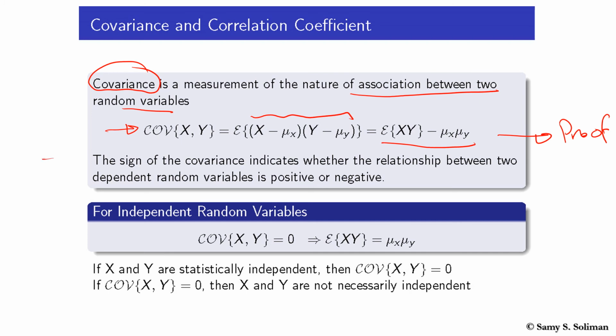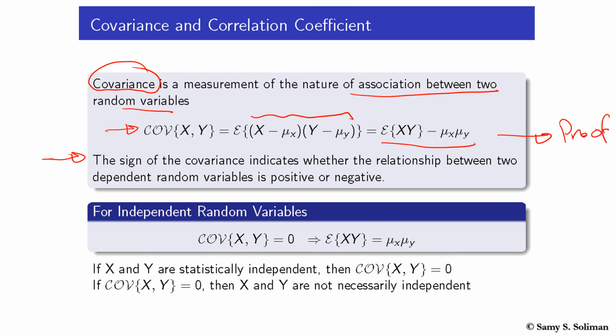We can use the sign of the covariance to indicate whether the relationship between the two random variables is positive or negative. So if the covariance is positive, then the relation between the two random variables is positive. For example, if random variable x increases, y increases accordingly.